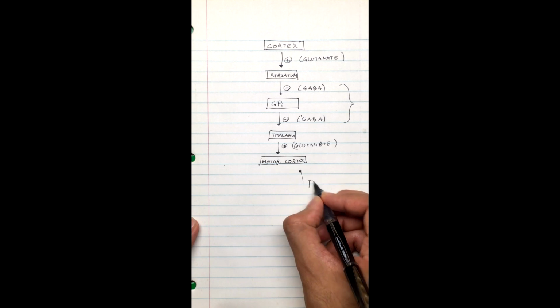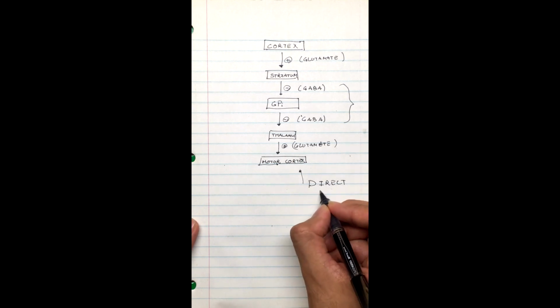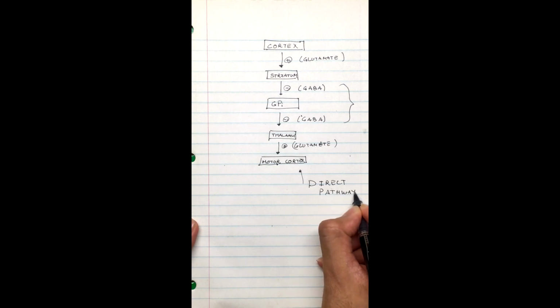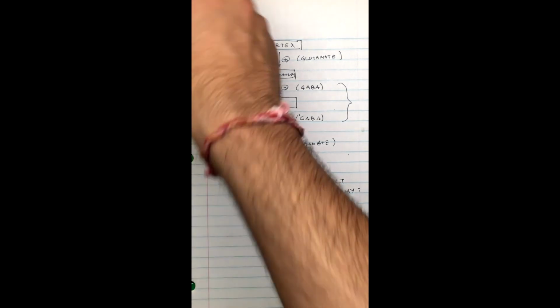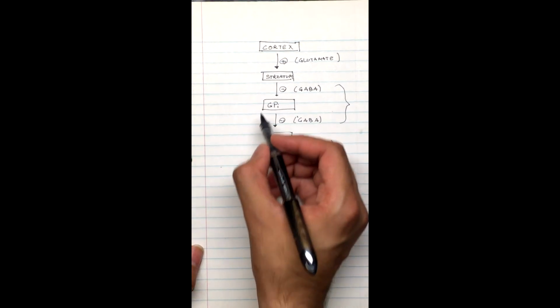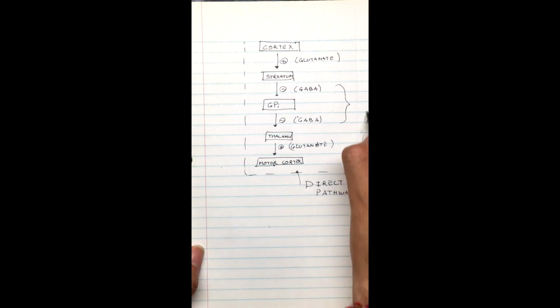So we'll refer to this as a direct pathway. We're selecting for behaviors that we want to perform. This would be like grabbing the baseball, the example that we talked about, just directly, without flailing our arms everywhere. So I'll just put this in a dashed box.